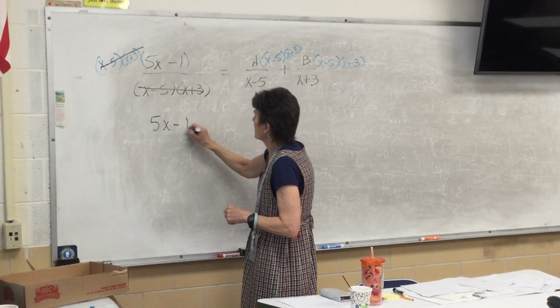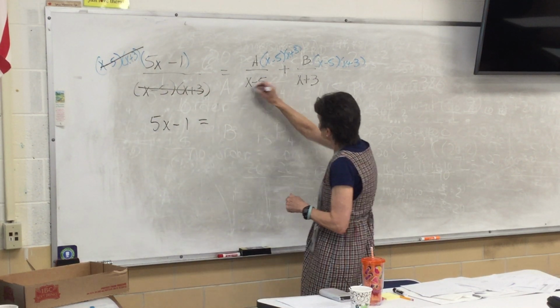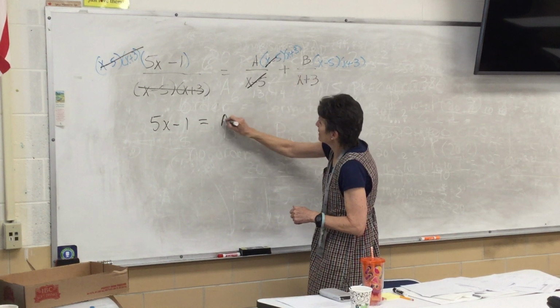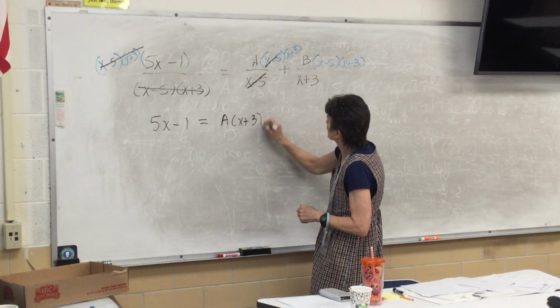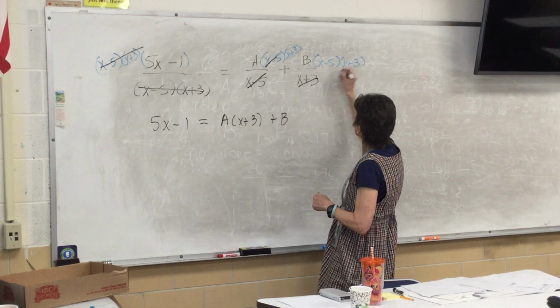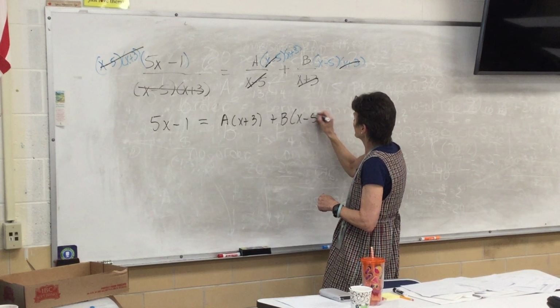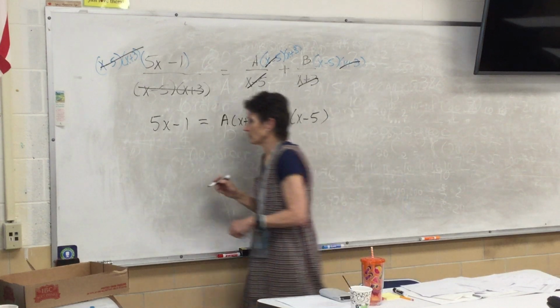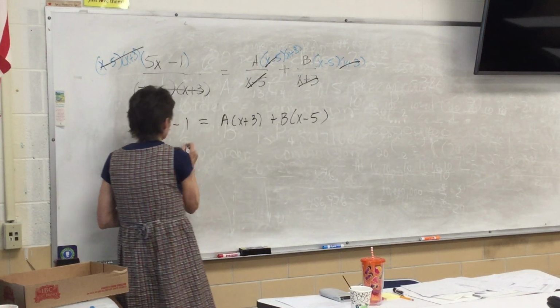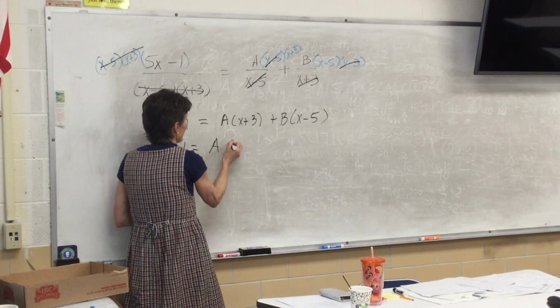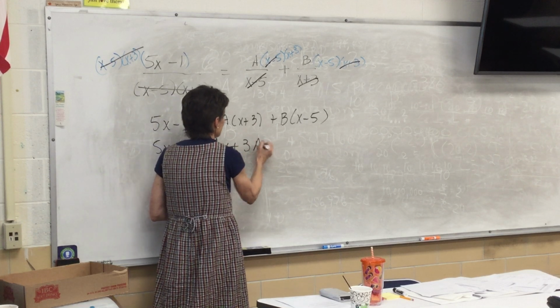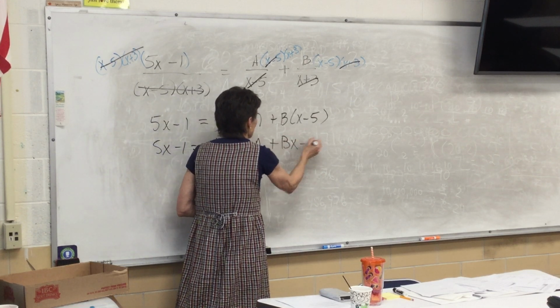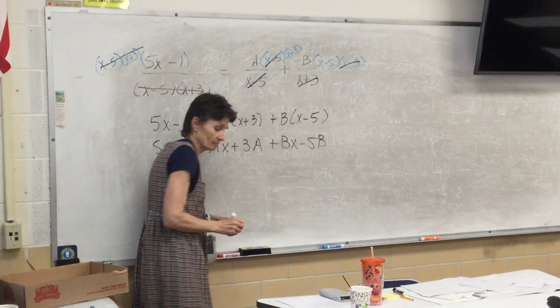So we'll have 5x minus 1 equal to a times x plus 3 plus b times x minus 5. Now I'm going to distribute over here. So I have 5x minus 1 equal to ax plus 3a plus bx minus 5b.